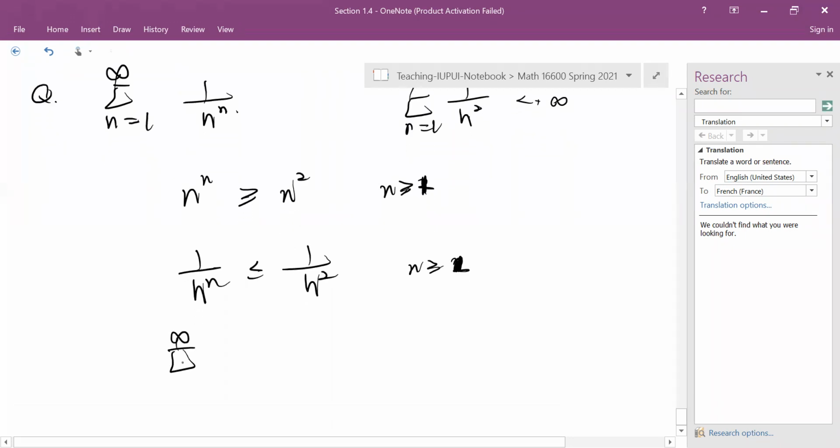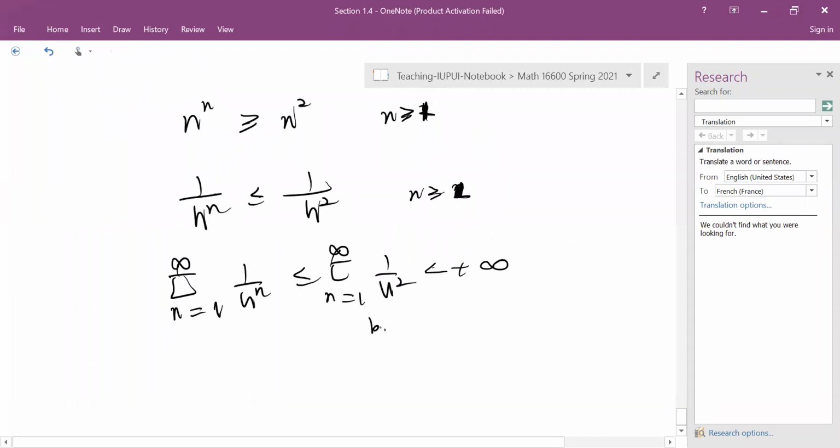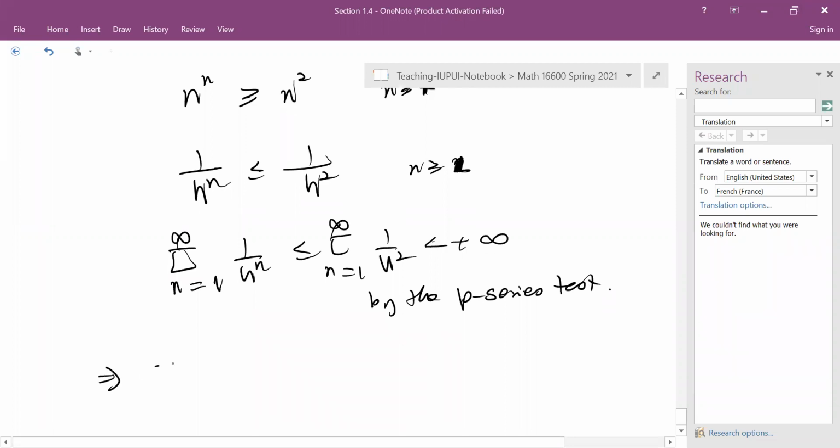All right. So this is going to be, right? And that's finite, right? This is by the p-series test. All right, so I'm done. So that implies it's convergent.